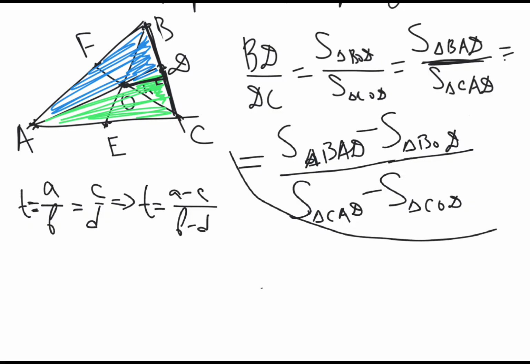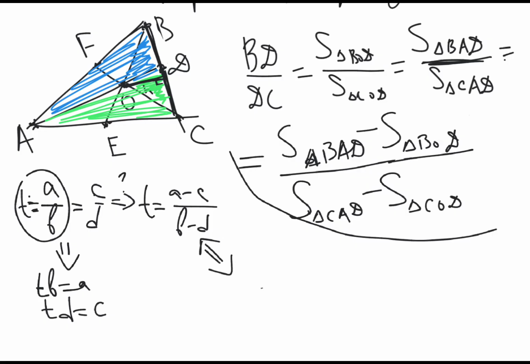So how to prove this? Well, simply from the first we have that tb is equal to a and also td is equal to c, right? Because we multiplied this equality by b and t equal to c over d multiplied by d. And this would be equivalent to t times b minus d equal to a minus c. This is equivalent to tb minus td is equal to a minus c.